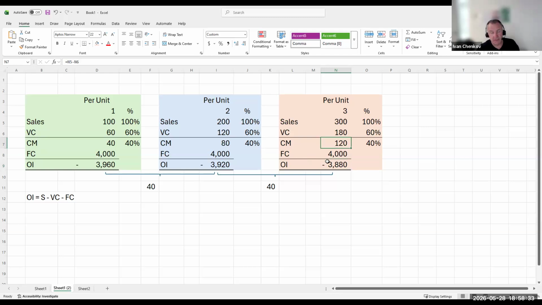So I have to increase this amount all the way to $4,000, keeping in mind that every time I'm selling 1 unit, $100 will be my sales, $60 will be my variable cost, and $40 will be my contribution margin.